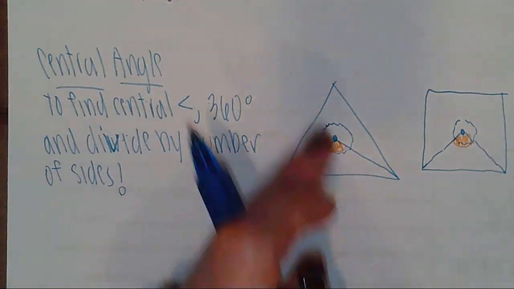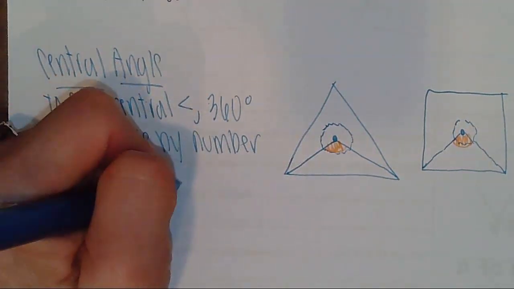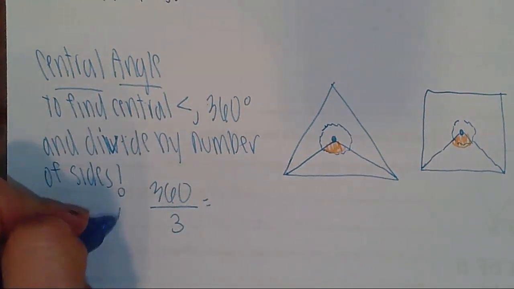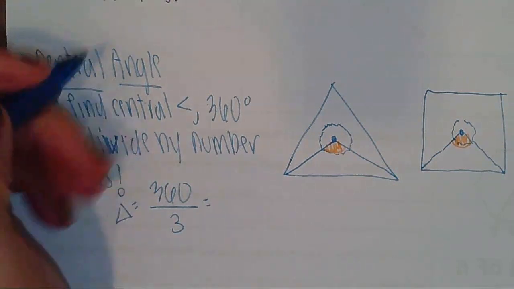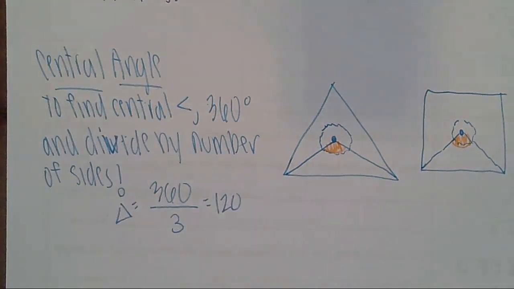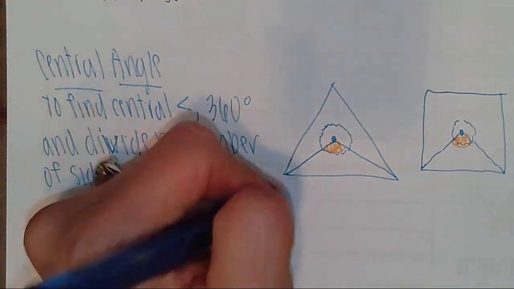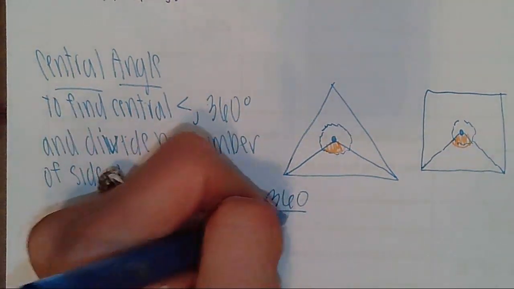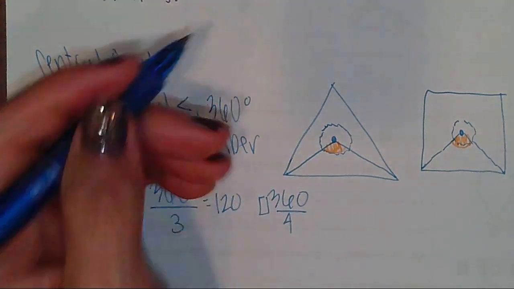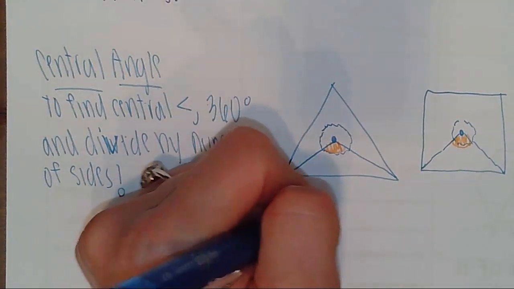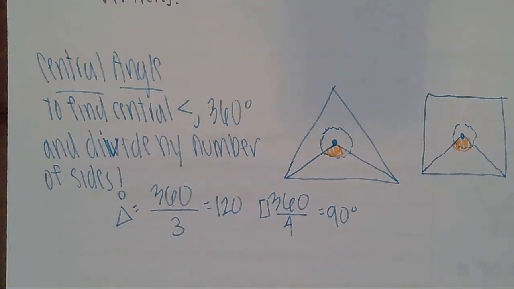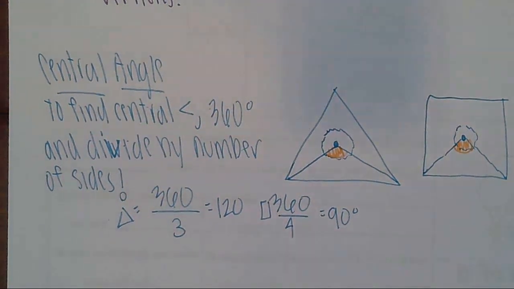So in this case, I would do 360 divided by 3 for a triangle. So 360 divided by 3 would be 120. All right, 360 divided by 4 for a square or rectangle, because 4 sides, would be 90 degrees. Okay, so things I want you to think of as we move into these notes here.